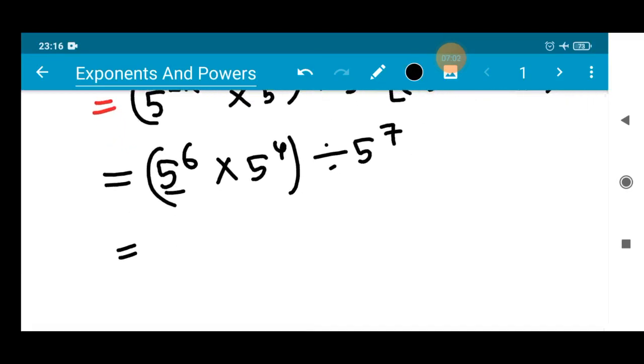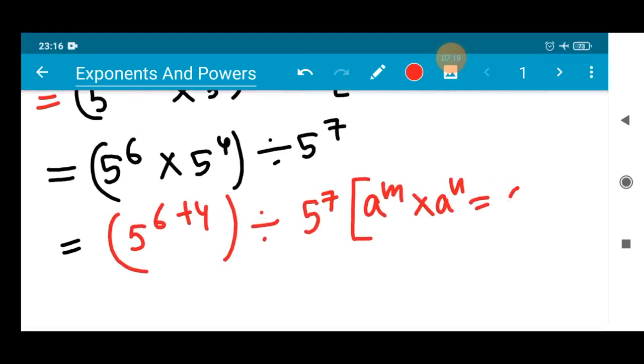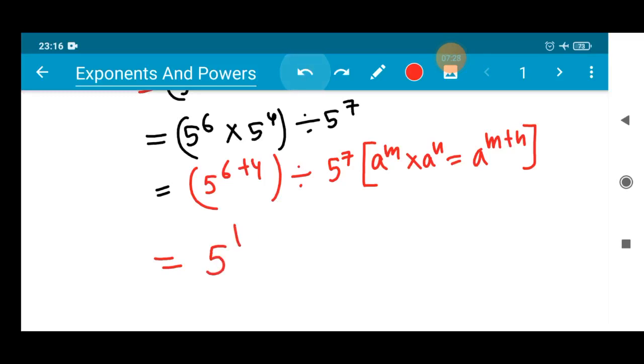Now you have got the same base. So what will happen to the exponent? The exponent will be added, as there is a multiplication sign. So I can write here that a to the power m into a to the power n is equal to a to the power m plus n. Then I can add this exponent. 6 plus 4 is 10 divided by 5 to the power 7.